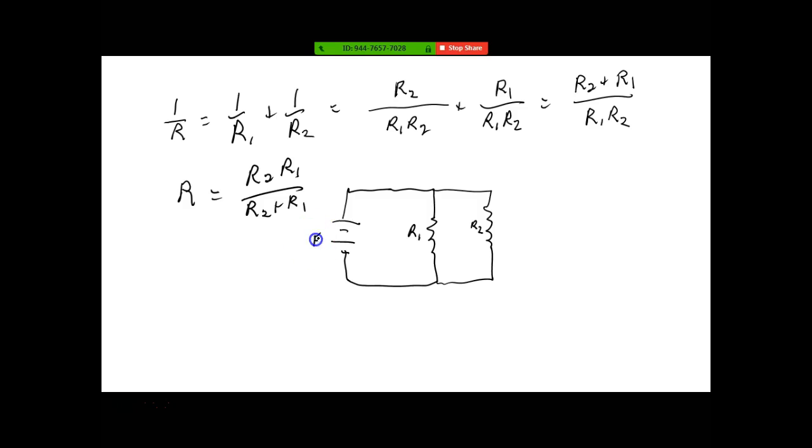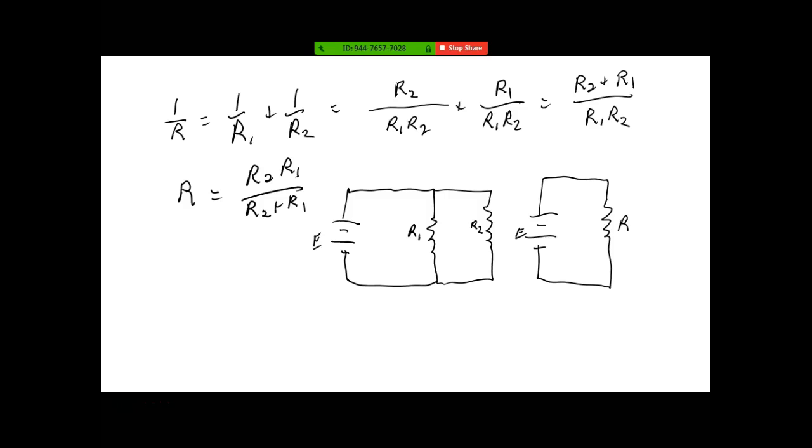The E is the same for both. Now, if you replace these two with one resistor, so draw the same thing, same E, but now we're going to replace it with one resistor. This E is the same, and here's your R. That resistor is actually going to be less than either one of those two.